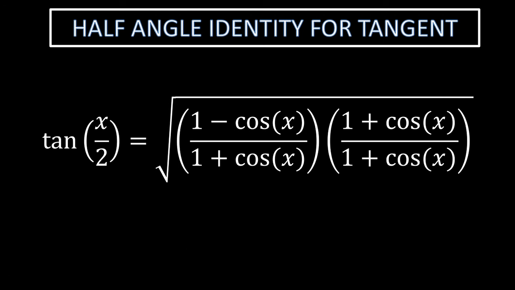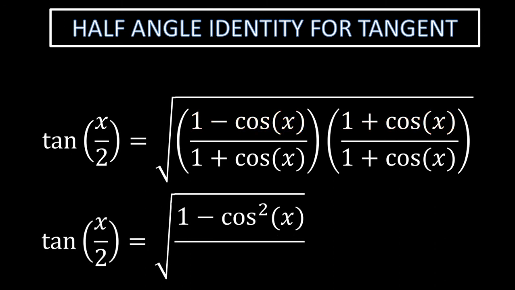Then we simplify. 1 minus cosine x times 1 plus cosine x is the product of sum and difference, so I just square the first term and square the second term, which is this. 1 squared is just 1, and then cosine squared x. And then the denominator, 1 plus cosine of x times 1 plus cosine of x, is the quantity 1 plus cosine x squared.